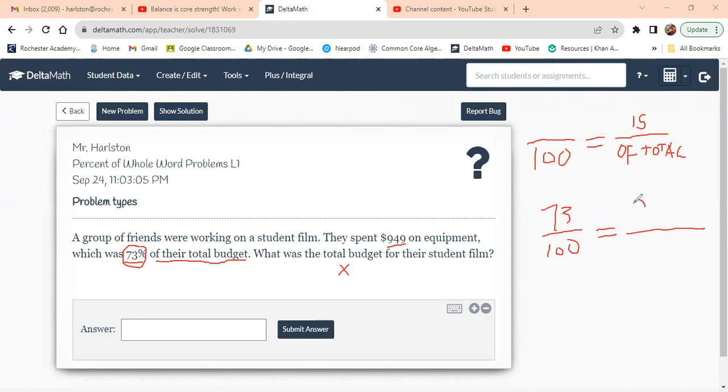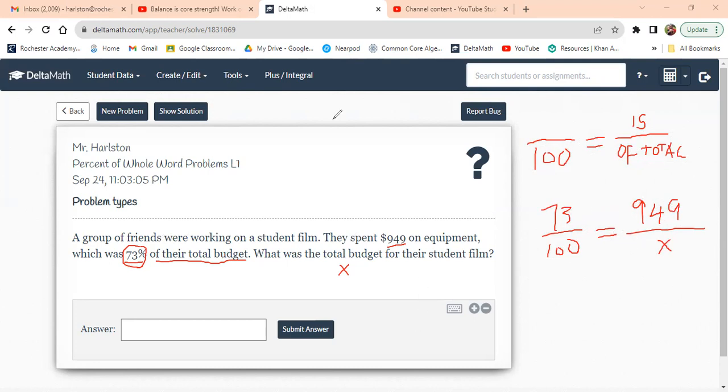Now, that wasn't their total, but it was 73% of their total. So this is 949. That's the is part. That's what we spent. That's what we had. And then the of part is the budget. That's what we're looking for. So we're just going to make this an X. Now, basically, we're just solving for X.